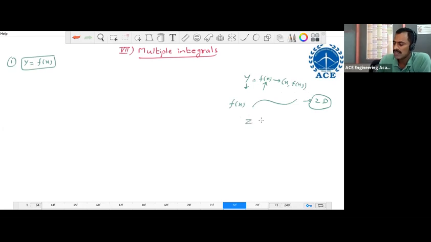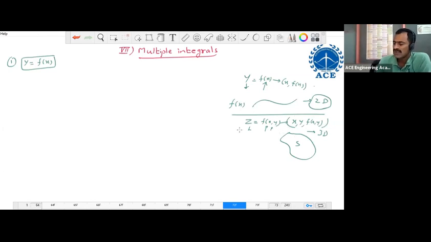Similarly, we know the geometrical representation of z equal to f of x comma y. We have seen it in the maxima and minima topic. The two variable function geometrically represents the surface of some object in space, here 3D space. For this two variable function, two inputs, one output, the set of all inputs and outputs is written as x, y, f of x comma y, or x, y, z, which means a three-dimensional coordinate geometry point.